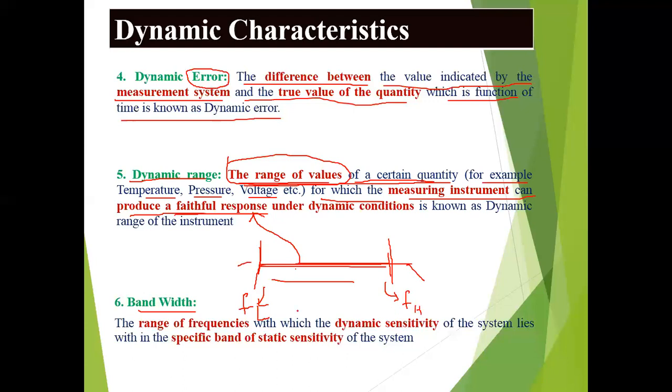This is the range of frequencies within which the dynamic sensitivity of the system lies within the specific band of static sensitivity. Already we learned about sensitivity. Sensitivity is nothing but change in output by change in input. So bandwidth is the range of frequencies within which the dynamic sensitivity of the system lies within the specific band of static sensitivity of the system.